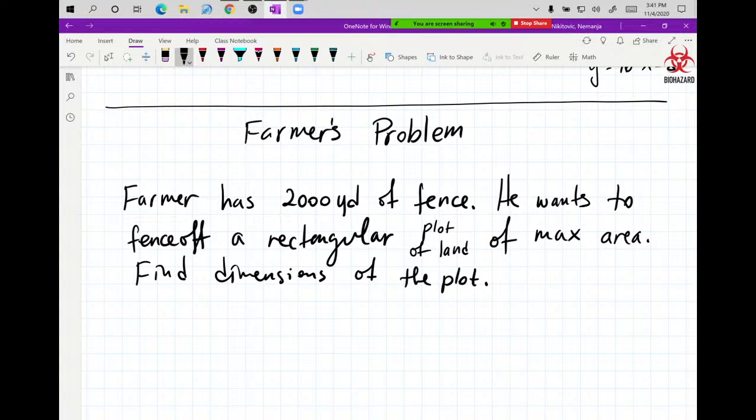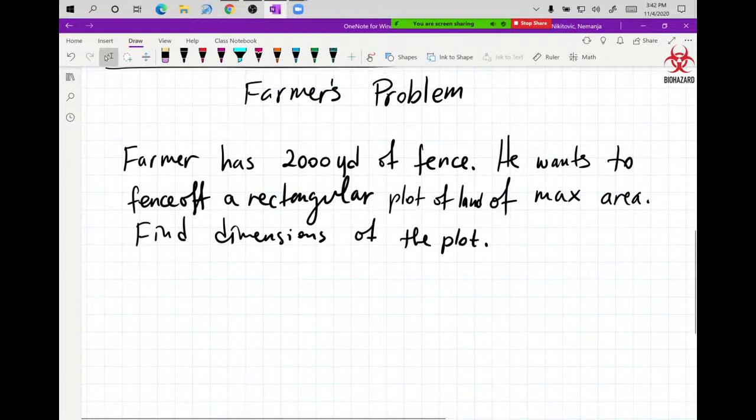So what he wants to do, maybe if I move these words a little bit, maybe I can fit. Rectangular plot of land of max area.